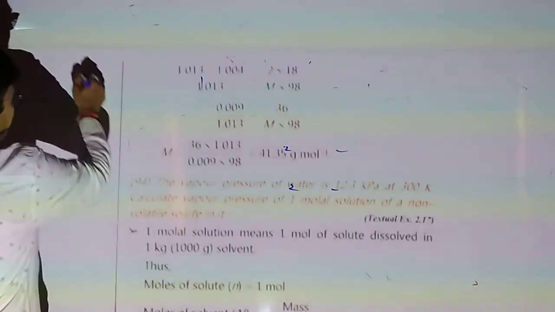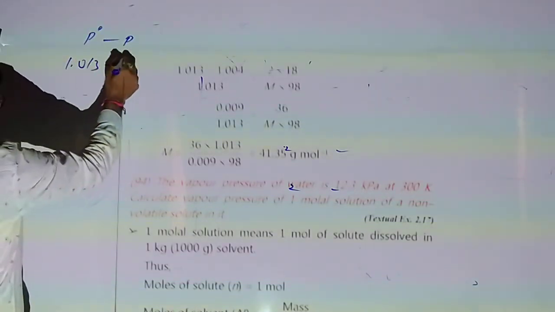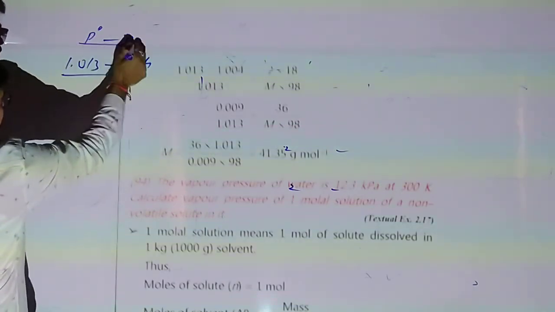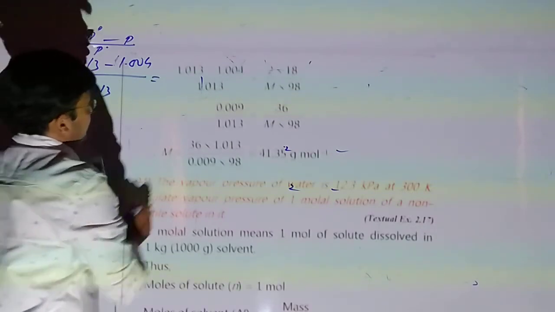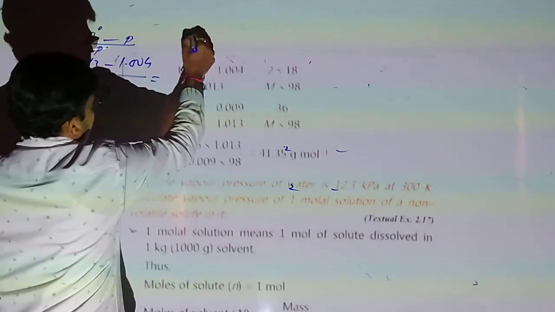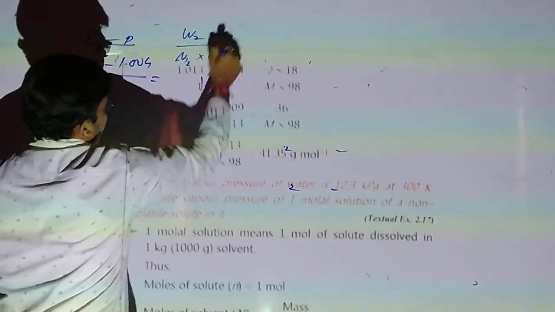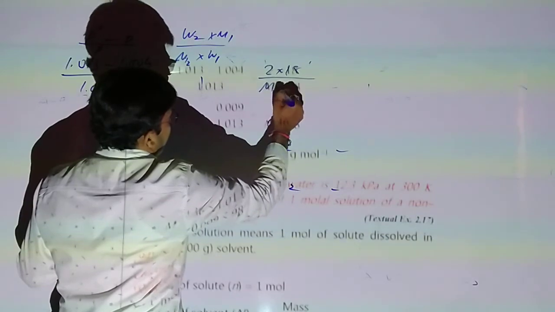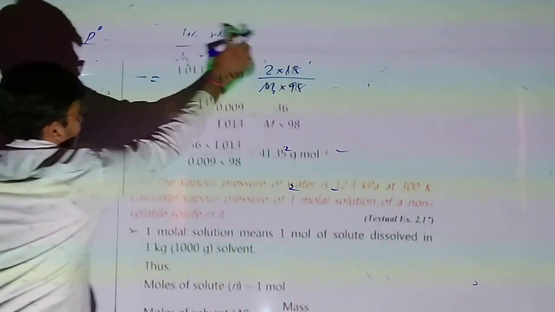So 1.013 P degree minus P, 1.004, upon P degree, 1.013. Now W2 upon M2 over W1 upon M1: 2 into 18 upon M2 into 98.